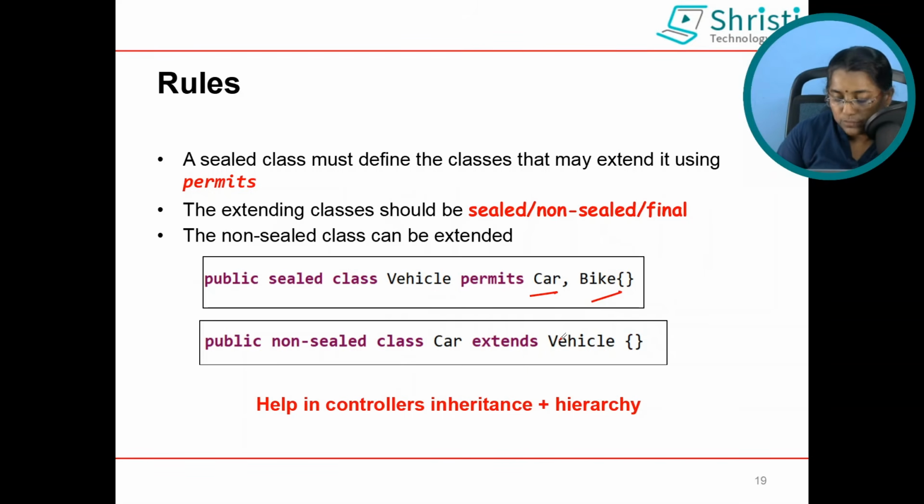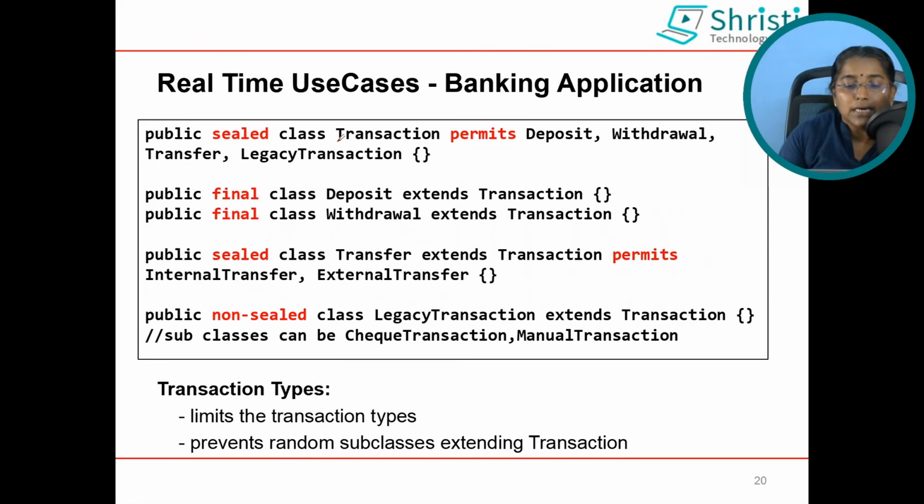Let me show it to you with a proper example. Here I have a superclass Transaction. I am making it sealed. Why? If I don't use sealed, every other class will come and extend Transaction and use all my methods. So I am making it sealed and providing permission only for a few subclasses: Deposit, Withdrawal, Transfer, LegacyTransaction.